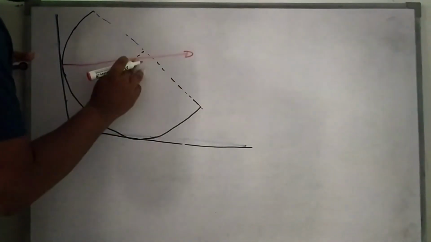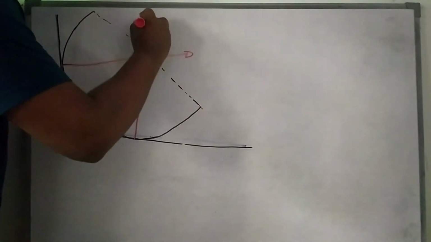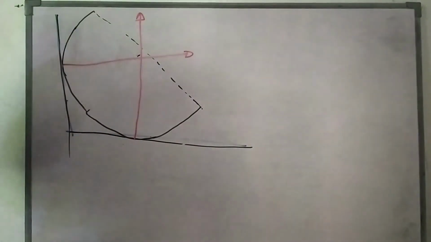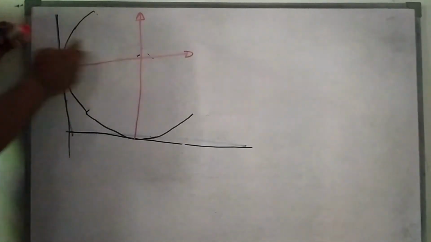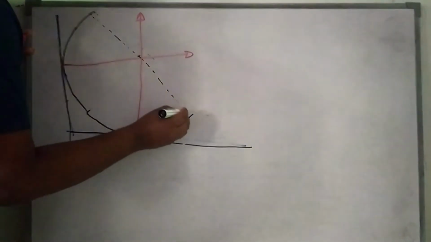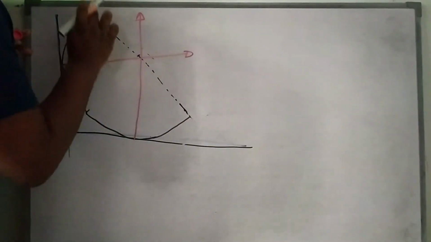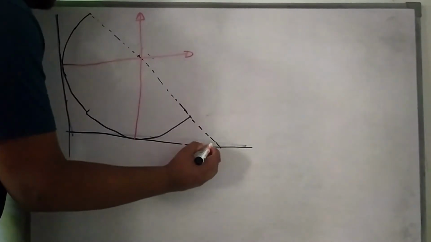Surely the reaction should be passing through the origin, no? The angle is alpha.